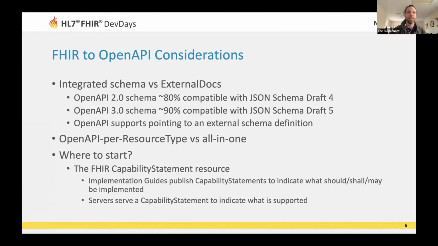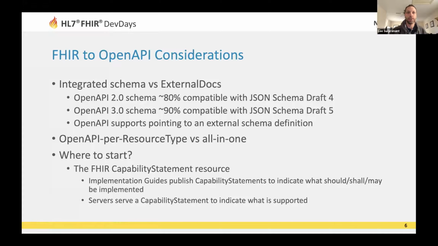And then the last piece here is a key one. I mentioned our generator goes from the structure definitions into Java code and then into a Swagger. But an approach I've seen others take, and I think might be better in the long run, is starting from capability statements.